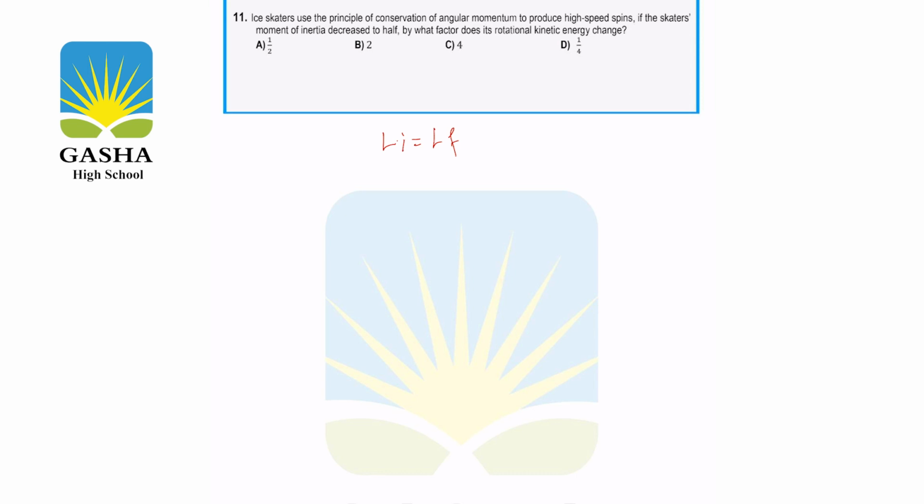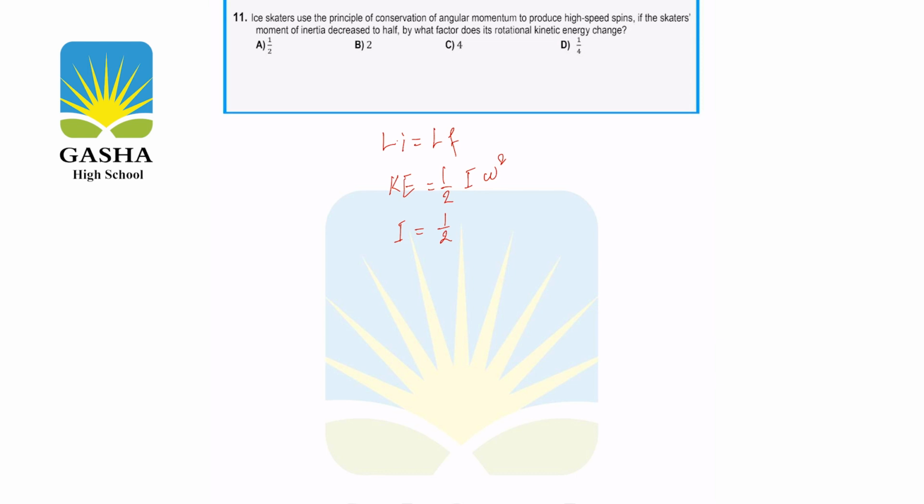We have to know that the rotational kinetic energy is 1/2 I omega squared. If the moment of inertia decreases by half of this value, we already know that angular speed is going to increase. So is it increased by a factor of 2 or a factor of 4? Because if it increases by a factor of 2, kinetic energy is going to increase by 4.